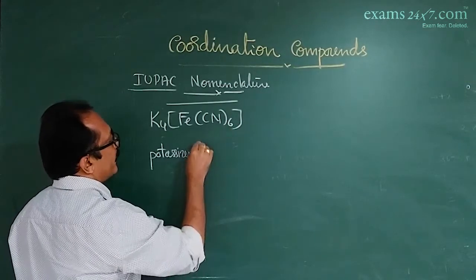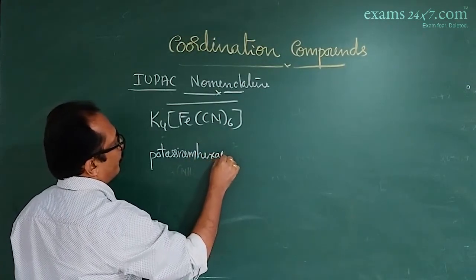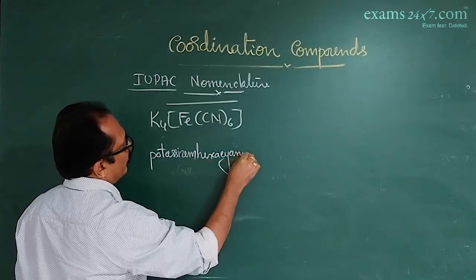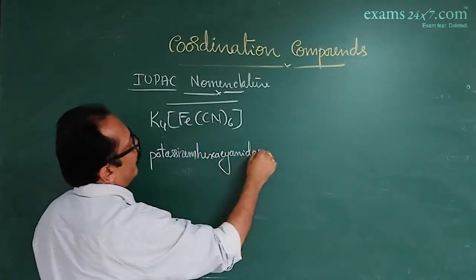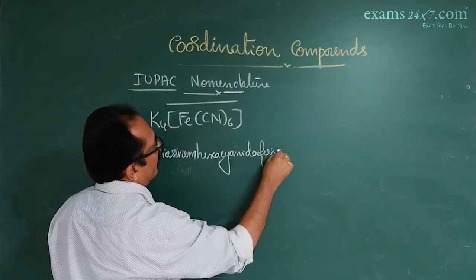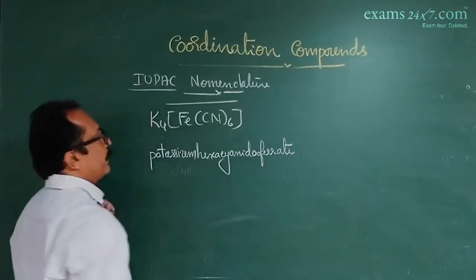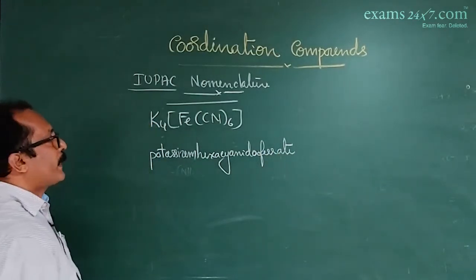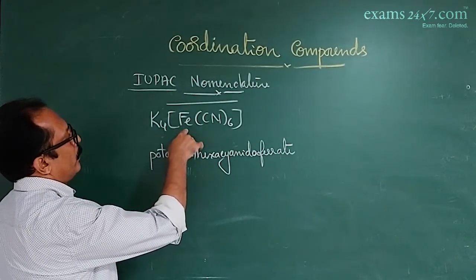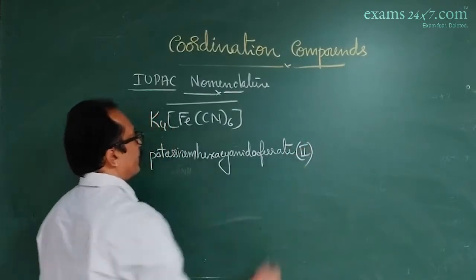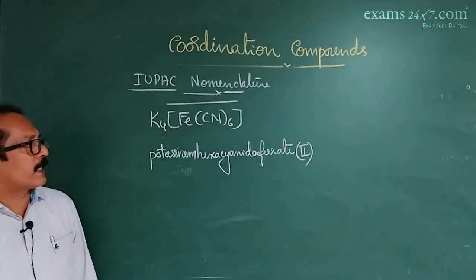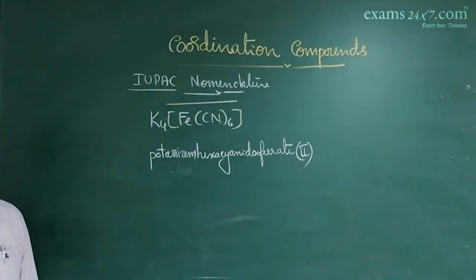There are 6 ligands, hexa, cyanido. And it is a negative complex, so the name of the central metal atom ends with ATE: ferrate. Now, the oxidation state is 2. So, potassium hexacyanidoferrate(II).